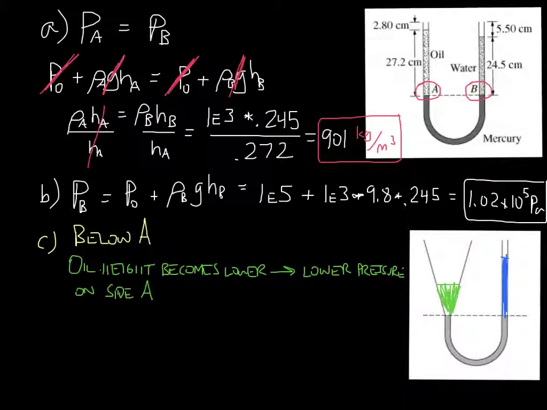So since there's lower pressure, that means that side A goes up and B goes down.